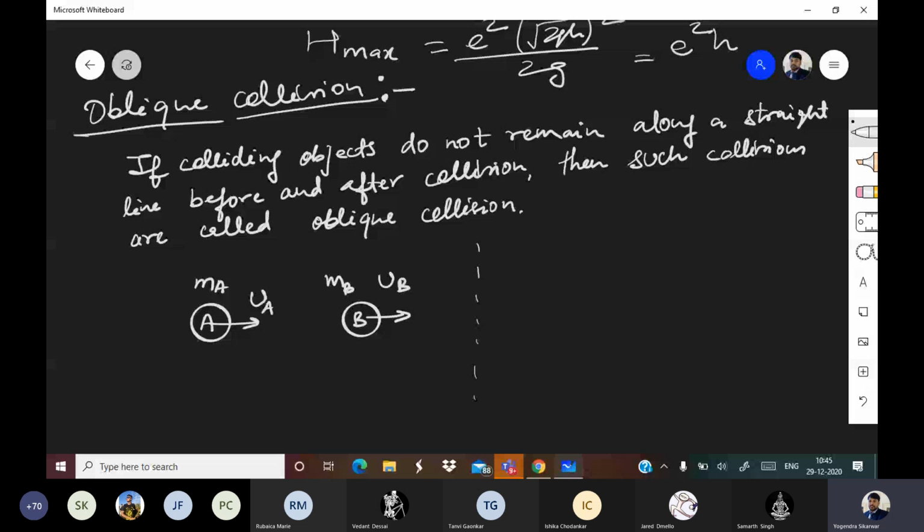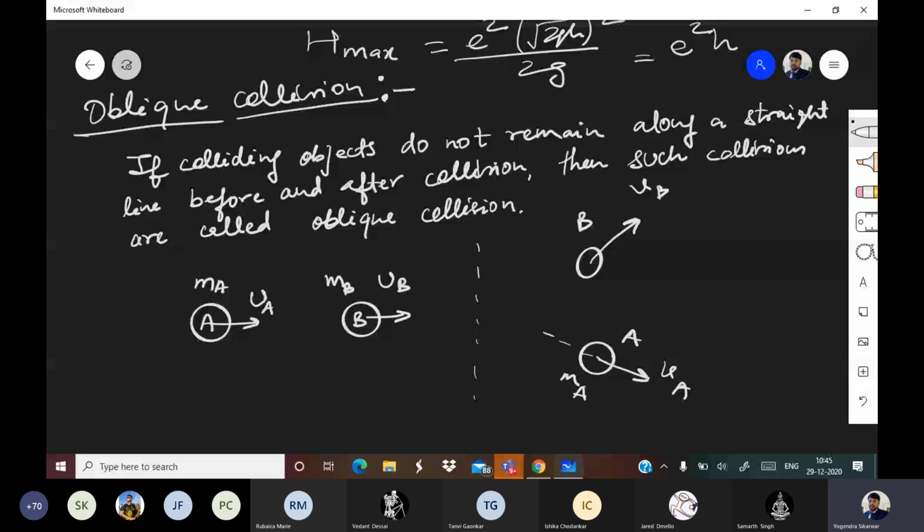After collision, what is happening? Let's say B is moving in this direction, A is moving in this direction. So this velocity will be VA, this velocity will be VB.